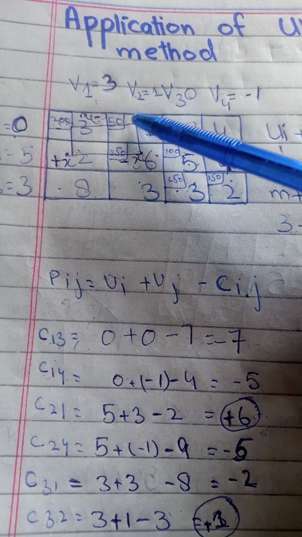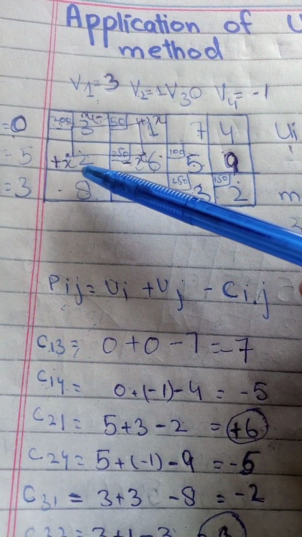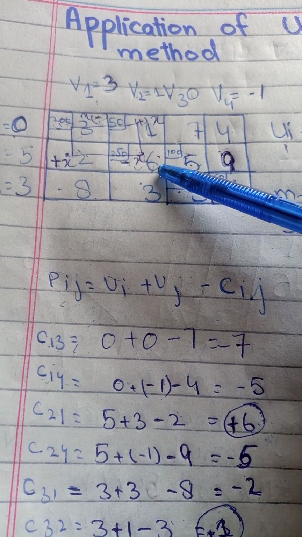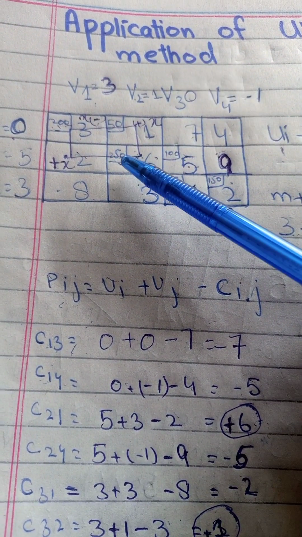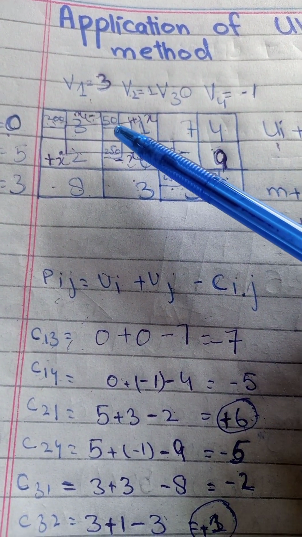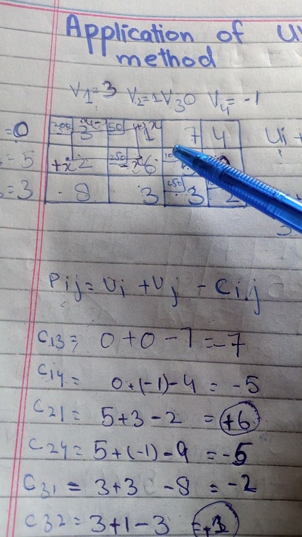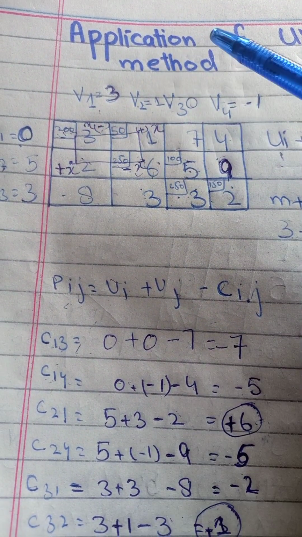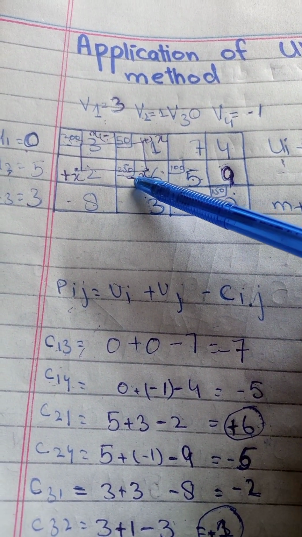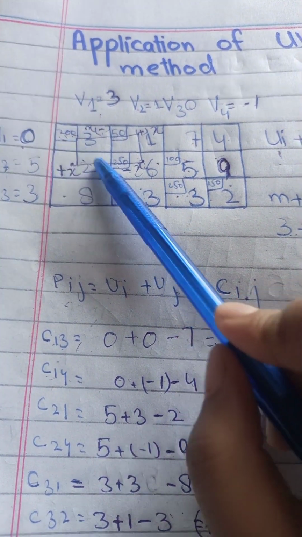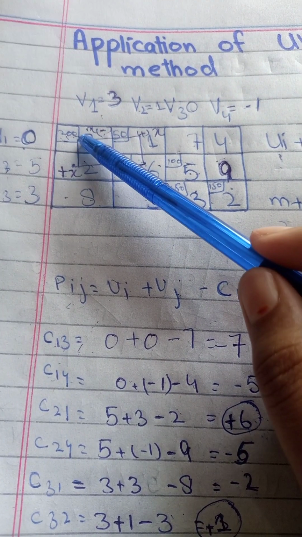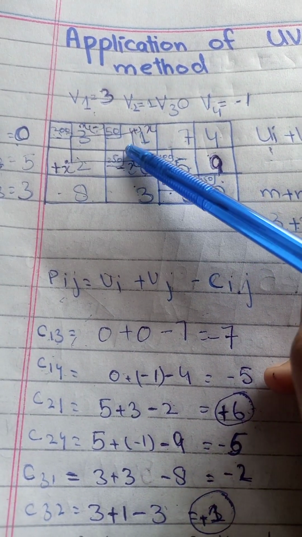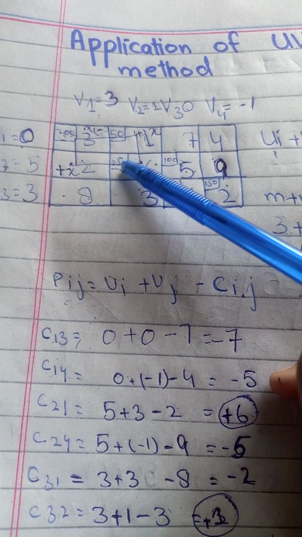Then we draw a closed loop, two sides positive and two sides negative. The allocation travels from allocated cell to allocated cell, horizontally and vertically. We have found the least value, which is 200 in the negative ones. Then we added and subtracted 200 in all this.